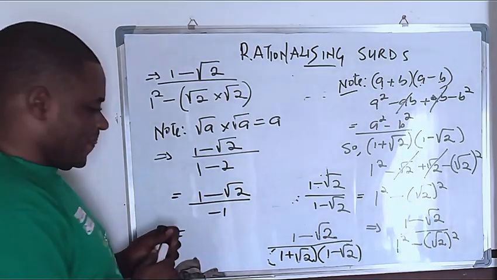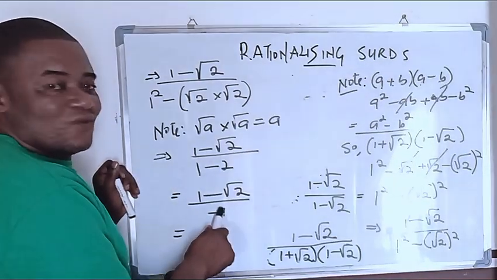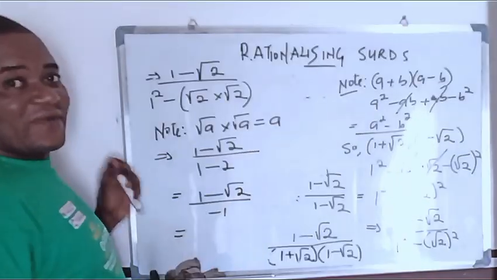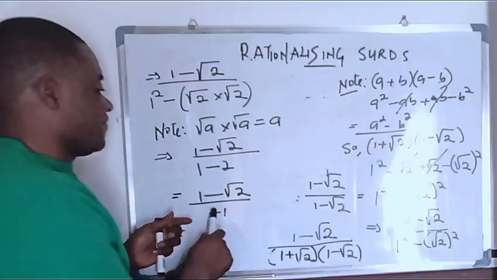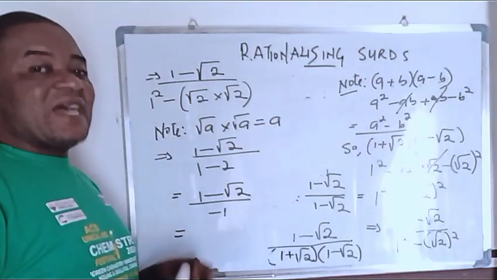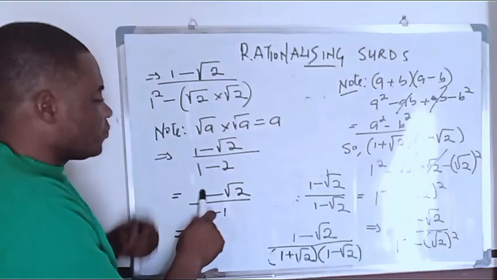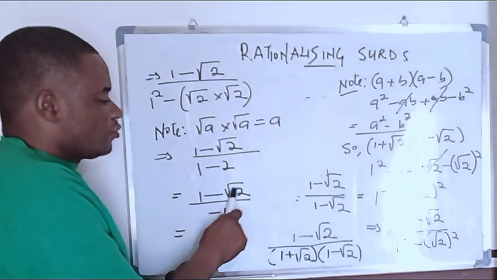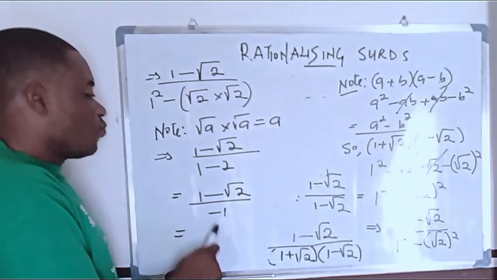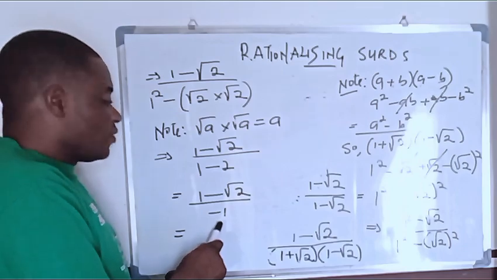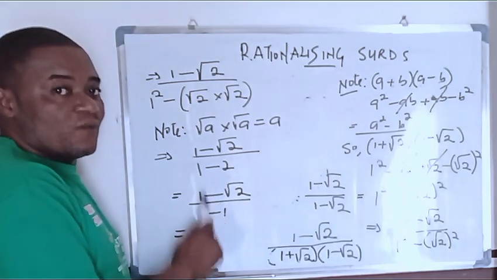And finally, minus 1 will be taken up here. Ordinarily, one would have expected that we should be having a positive 1 as it moves across a division sign. But this is 1 minus 2 all over minus 1.